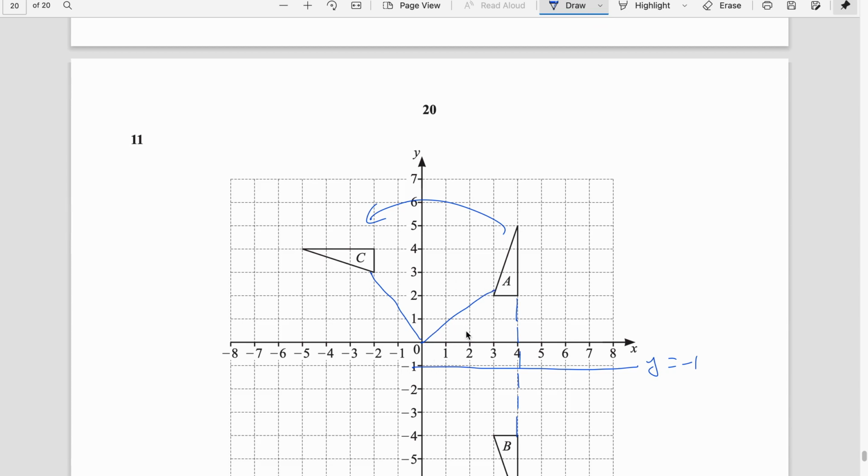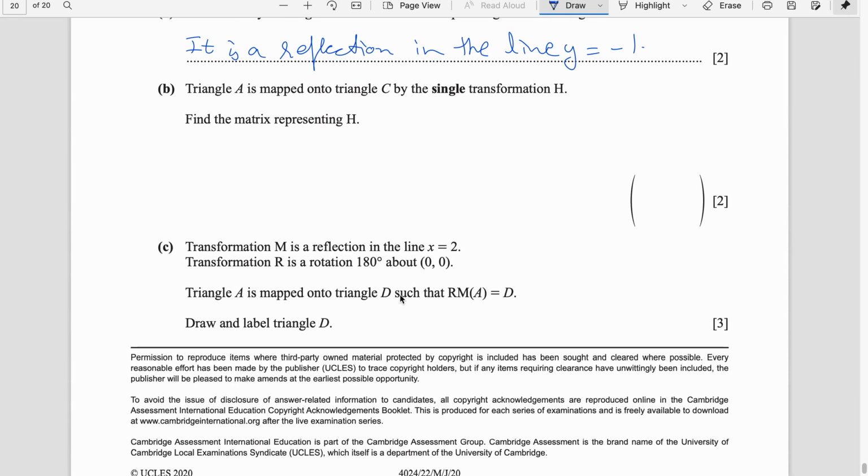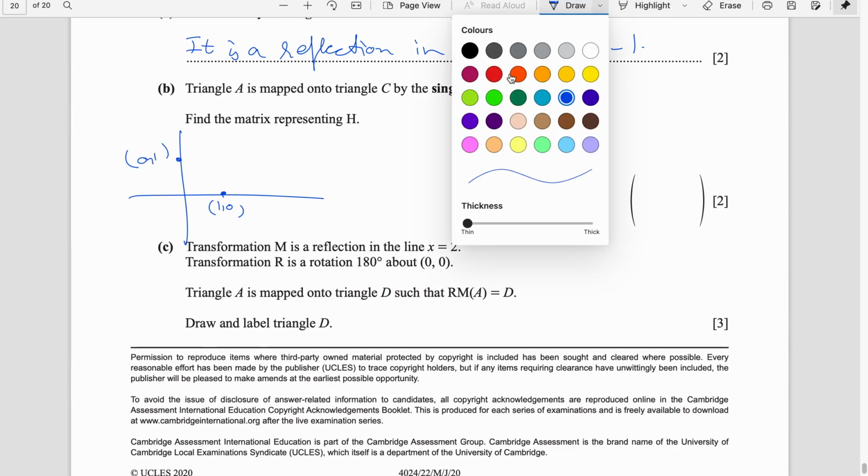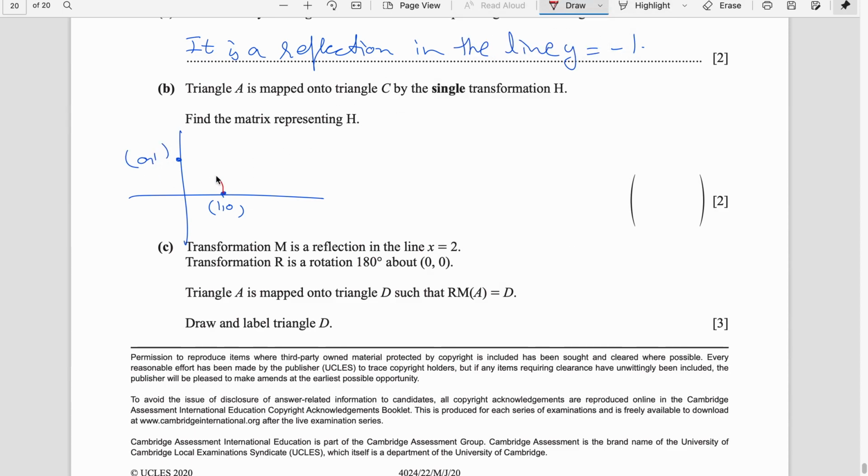So 90-degree anti-clockwise rotation for the matrix. What should you do? Always write these 2 points first, (1, 0), (0, 1). So when you rotate them 90 degrees anti-clockwise, the point on x-axis will become (0, 1), and point on y-axis will become (-1, 0).